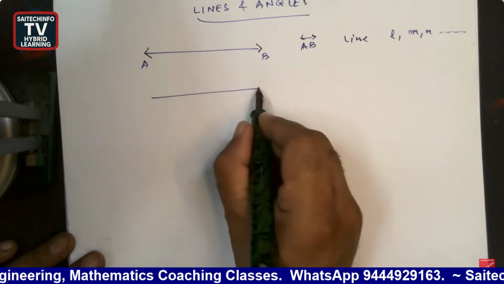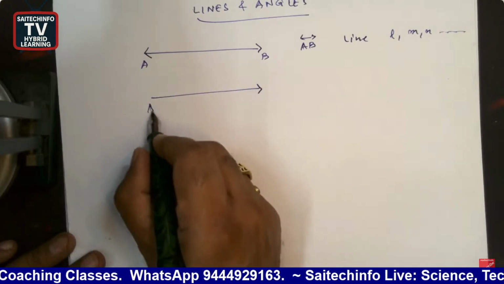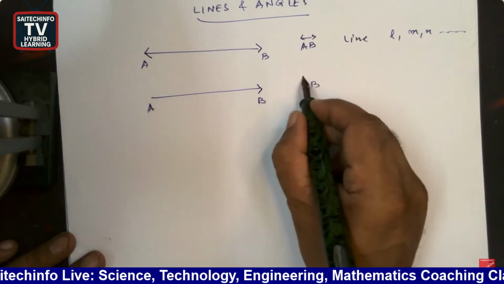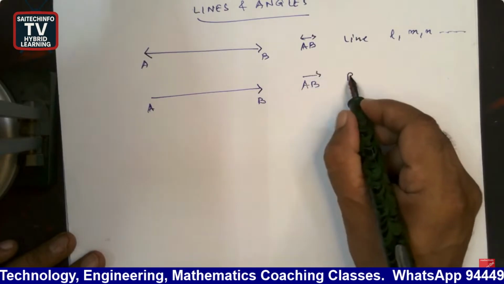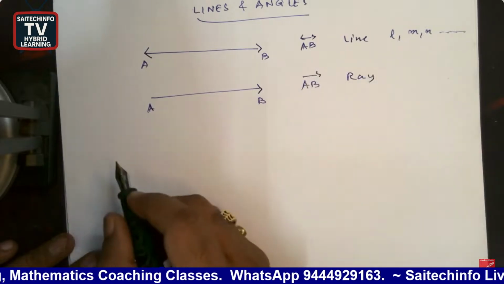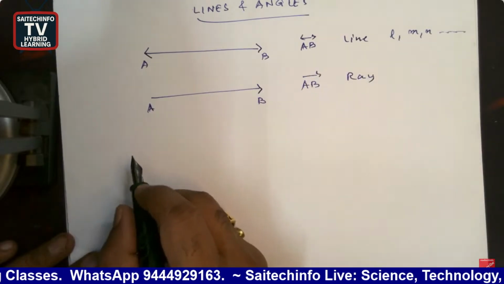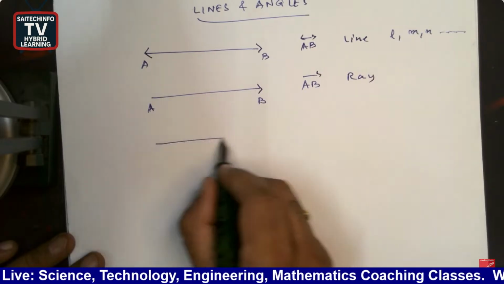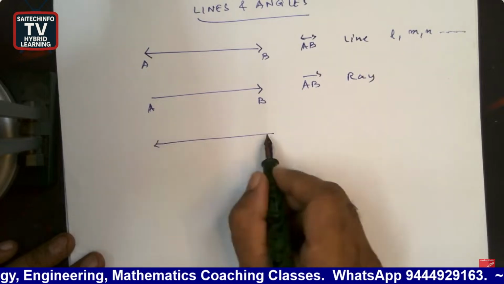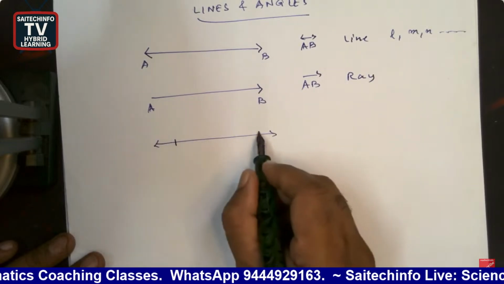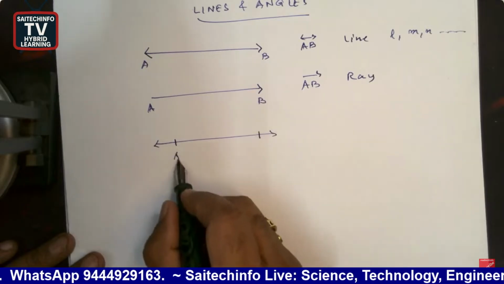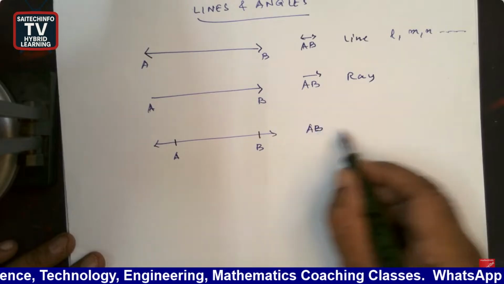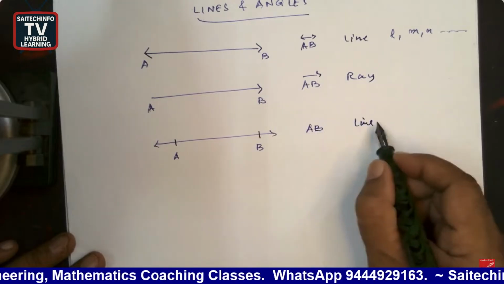If it is a single-headed one, it is called ray. So that can be represented as AB, that is ray. Sometimes you will have a line like this, but it has an end point like this, AB. This is called line segment.